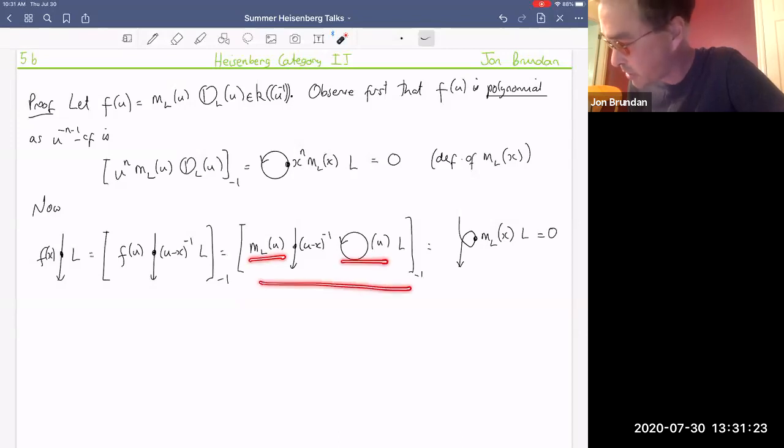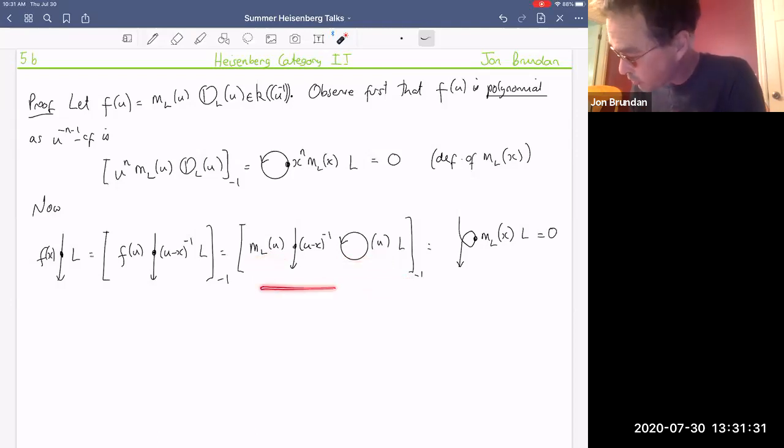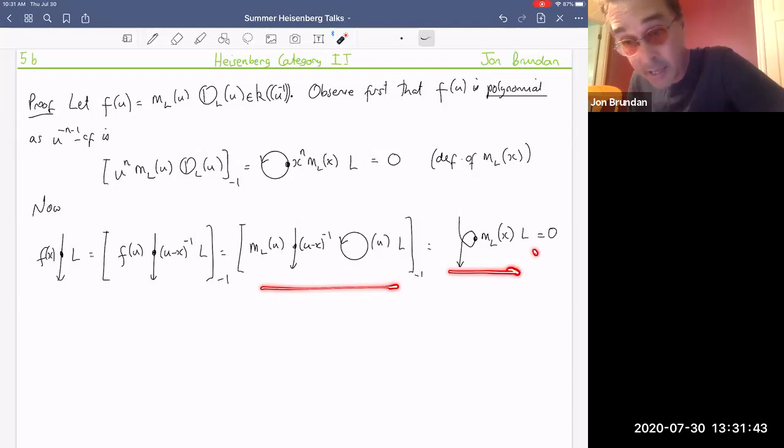So this next one is just the definition. But now that curl relation kicks in. What we've got here is exactly the curl relation. So this is equal to this curl with ml of x dots sitting on that curl. But now we've got minimal polynomial number of dots on that upward strand acting on L, so that's 0.